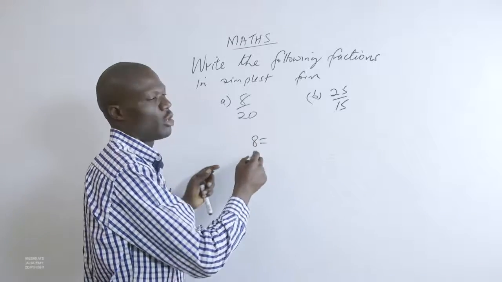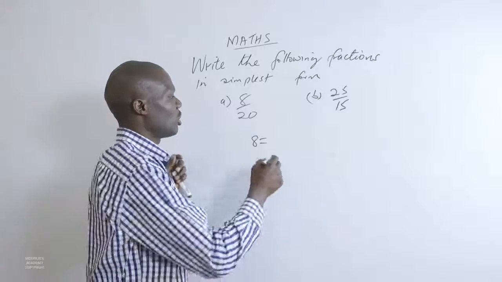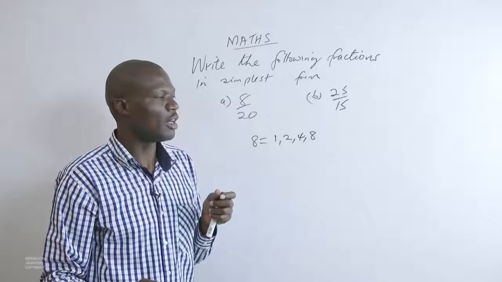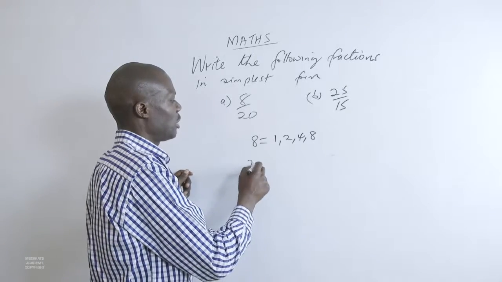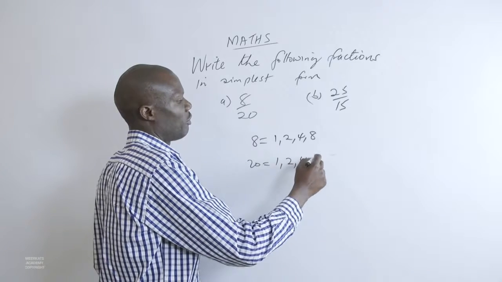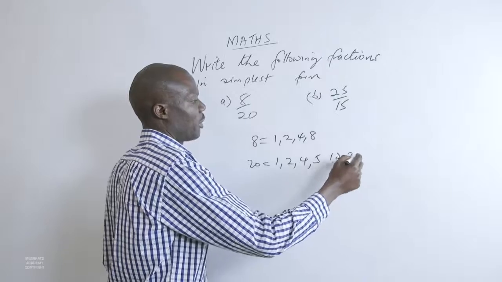If we were to do it slowly, step by step, we would write down all the factors of 8, which is 1, 2, 4, and 8 itself. And the factors of 20 are 1, 2, 4, 5, 10, and 20.